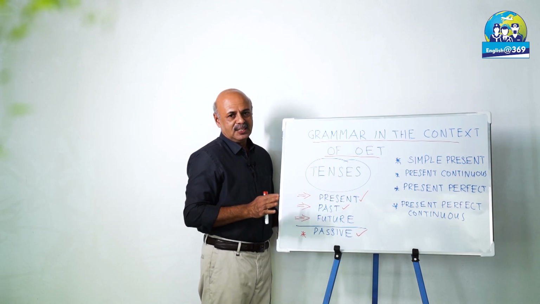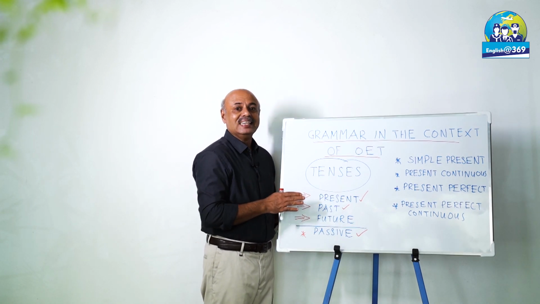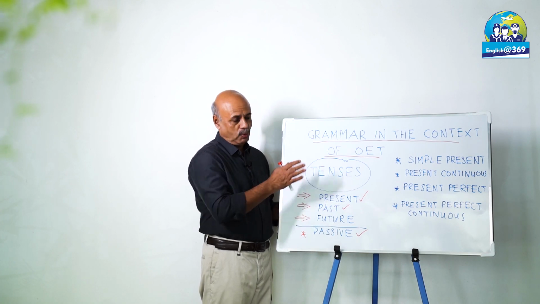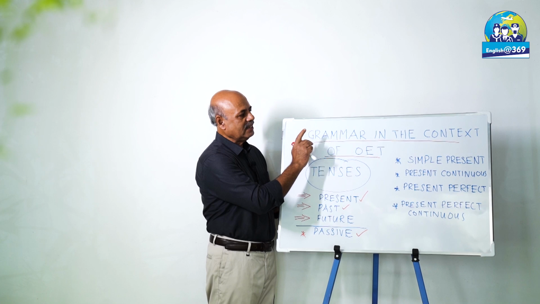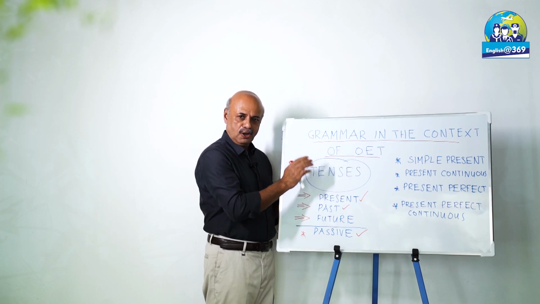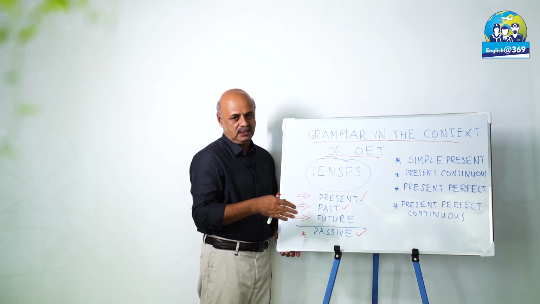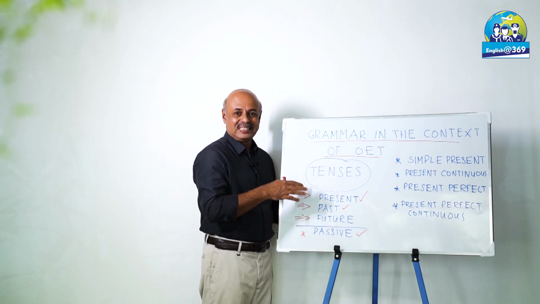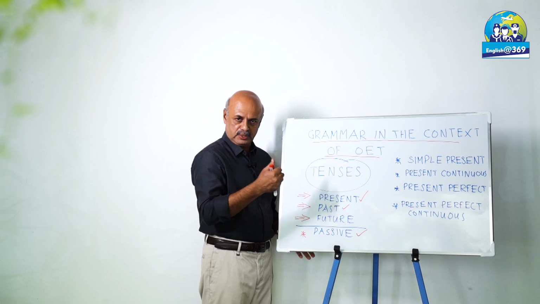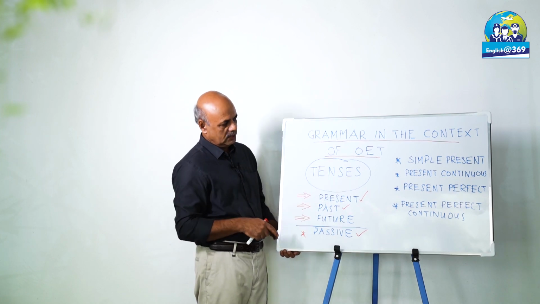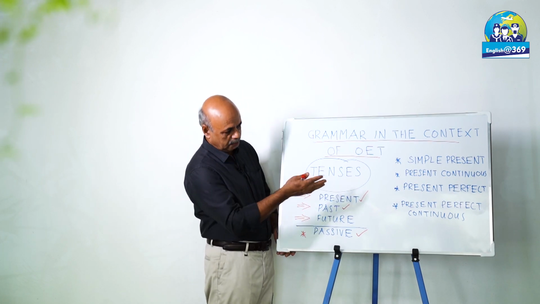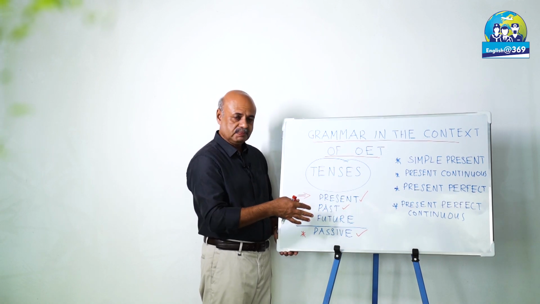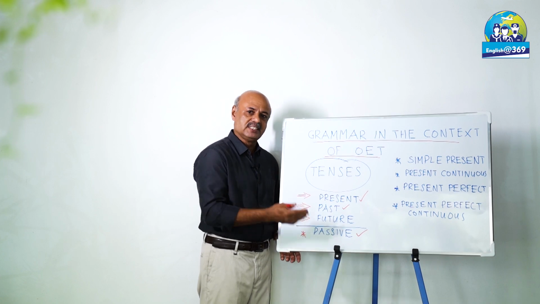Please remember, we are not speaking grammar in detail as we do in certain classes, but rather precisely in the context of OET, because in the OET writing module, the tenses are limited to present tense, present continuous, present perfect and present perfect continuous, past tense, and occasionally future, and then the passive voice.